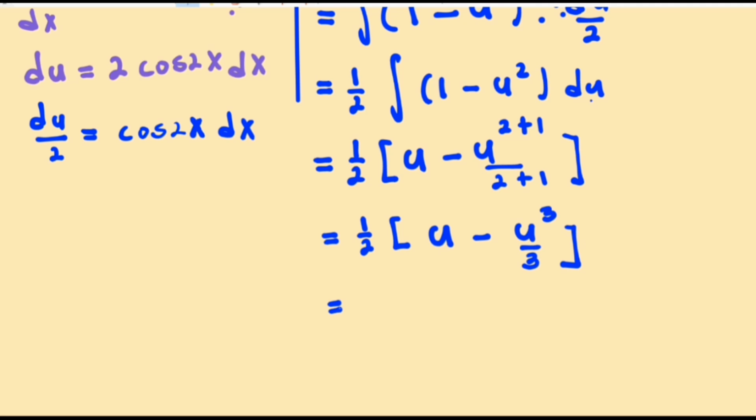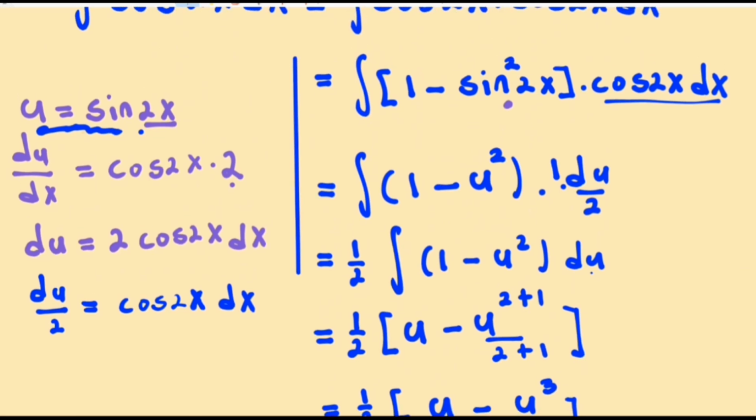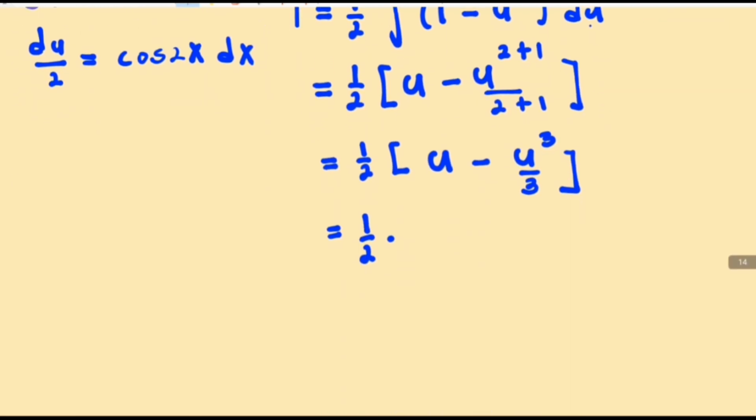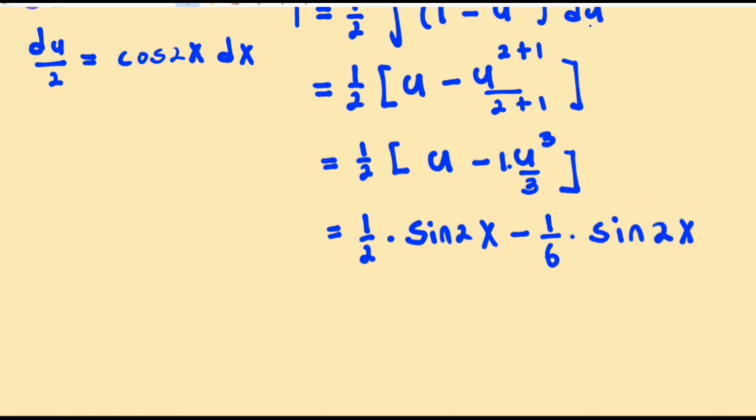This will be equal to the half multiplied by the u, but in the place of the u, let's substitute back the sine 2x. 1 over 2 multiplied by the 1 over 3 will be equal to 1 over 6, and in the place of the u, we substitute the sine 2x, and the u is raised to the power 3, so the sine 2x will also be raised to the power 3.